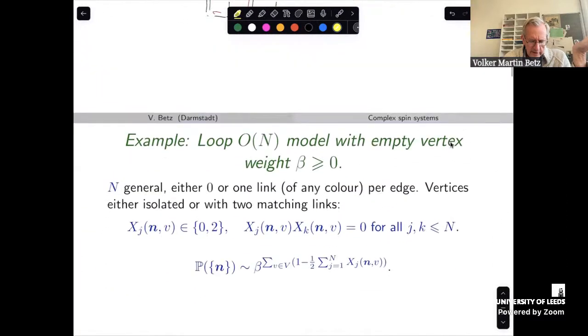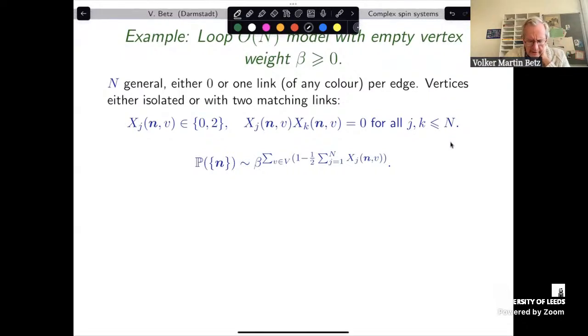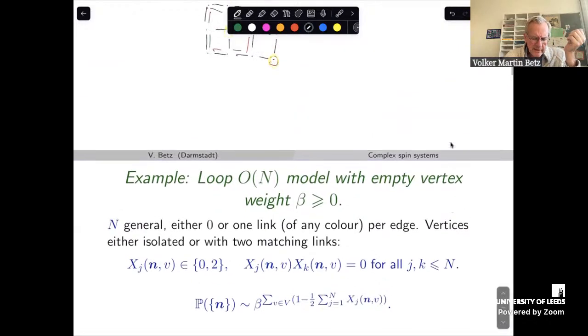And finally, the loop O(N) model, the final example, is one where it looks almost like the double dimer model. Unless you can have actually more colors, but let's say it's just two colors.